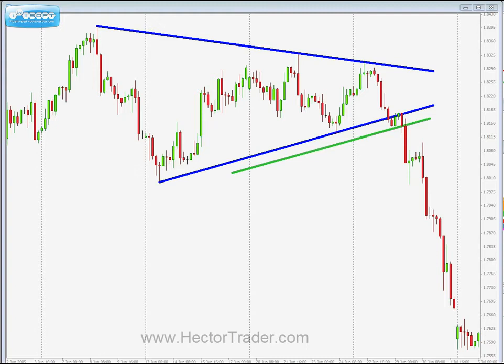Anyway, if you trade aggressively, basically placing a sell stop order a few pips below the lower boundary of the triangle, sometimes what we see is a quick dive below the boundary, just enough to perhaps trigger your entry, and then it goes back into the triangle consolidation area.